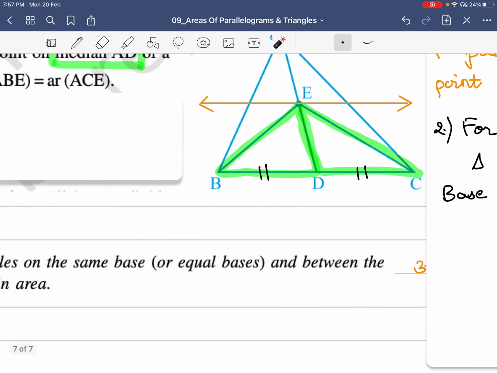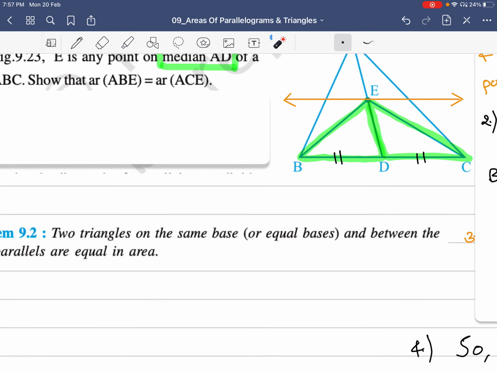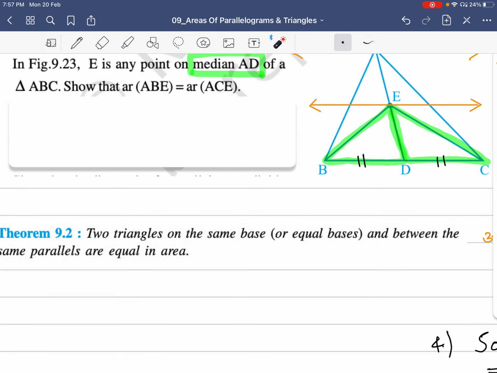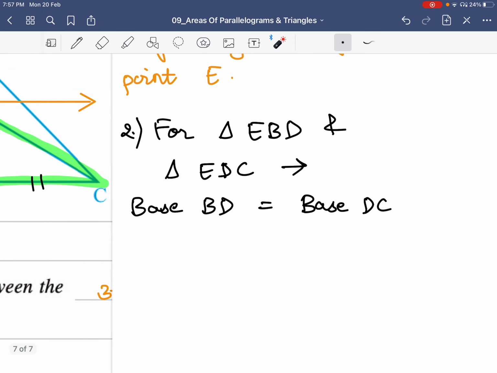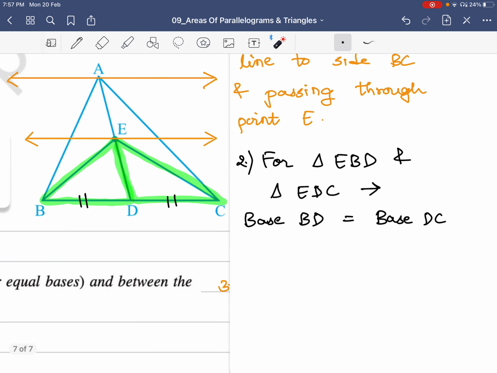So once again we are going to use this theorem which says, two triangles on the same base or equal base, and between the same parallels, are equal in area. So these are my two triangles, highlighted ones, which are on equal bases, between this BC and this line, between the same parallels, so they are equal in area. So once again using this theorem, point number 3.